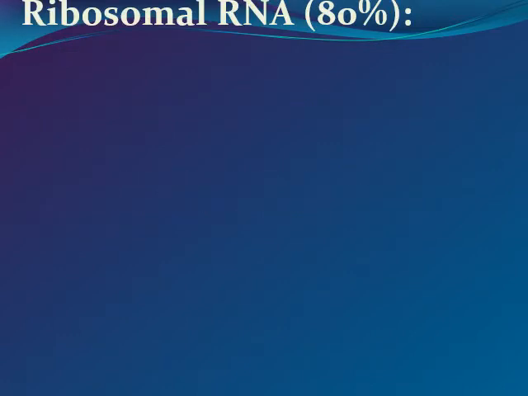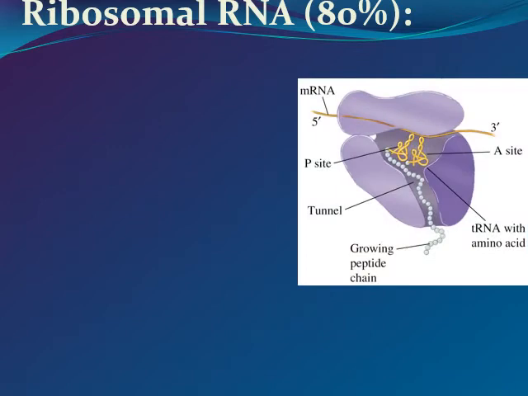The third type is ribosomal RNA. The ribosome consists of two subunits, large and small, each of which is made up of protein and ribosomal RNA. The larger ribosomal subunit has three types of ribosomal RNA as well as protein, and the small subunit has one ribosomal RNA as well as protein.